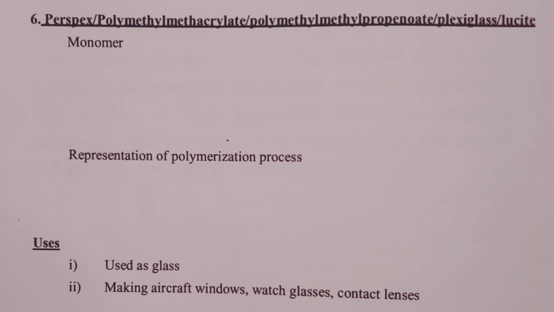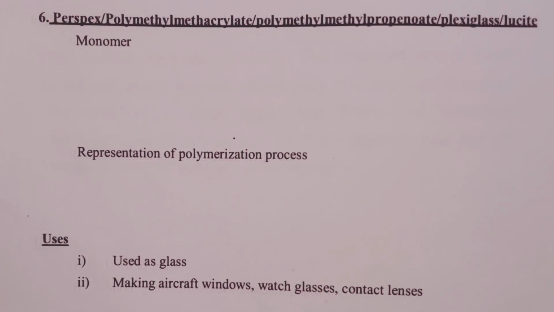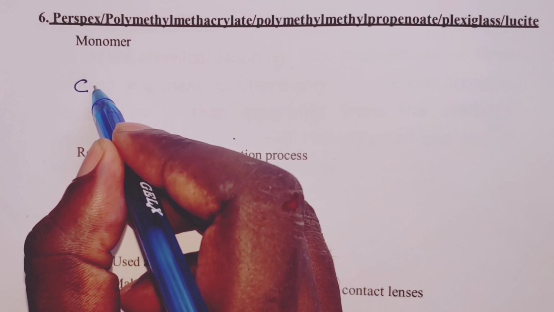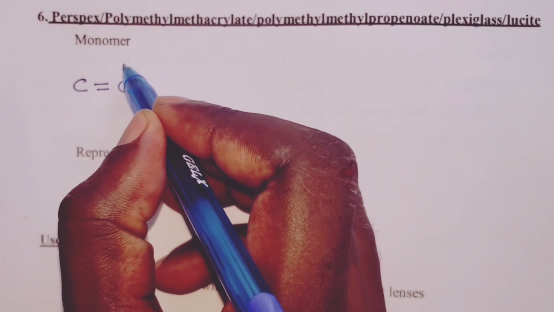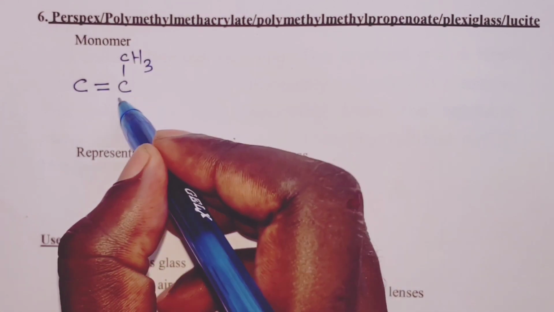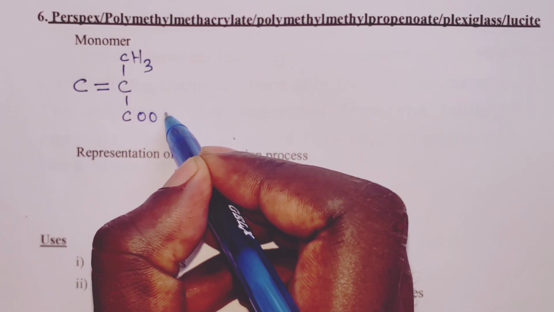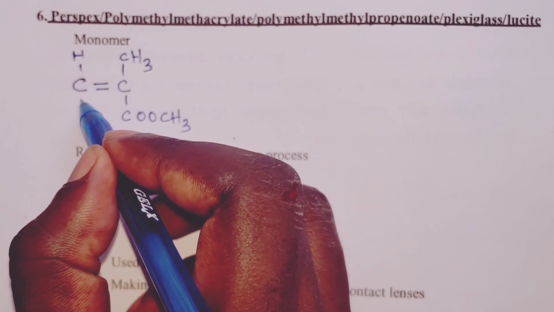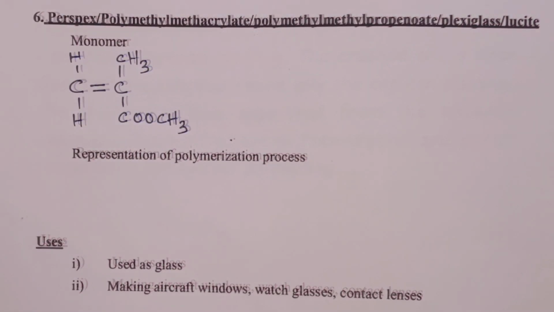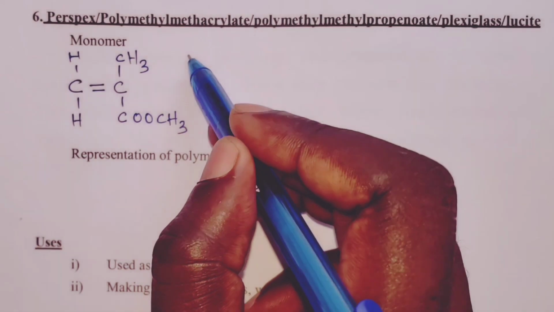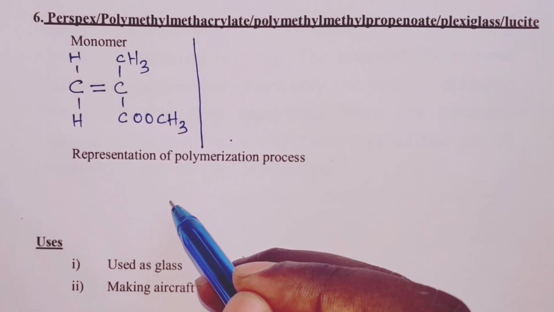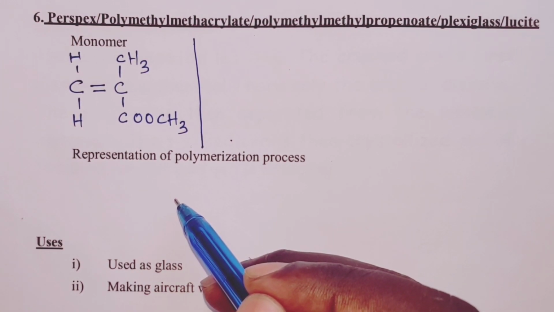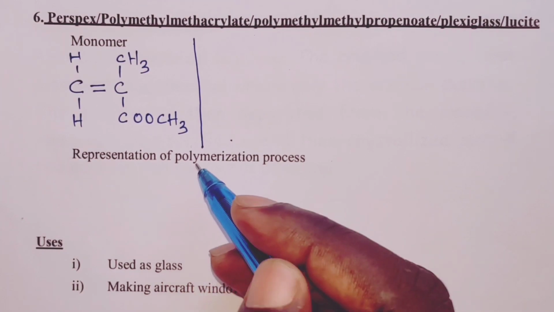Let's now look at its monomer. The monomer has the following structure: C double bond C, CH3, C double O, CH3, and then we have H and another H on the first carbon. To learn how to name this monomer, learners, let us consider a familiar organic substance with almost a similar structure.